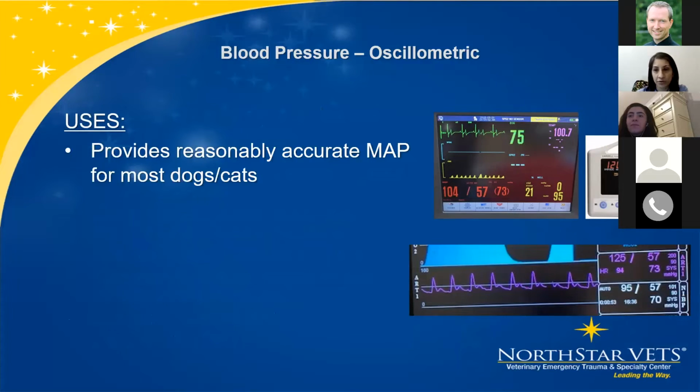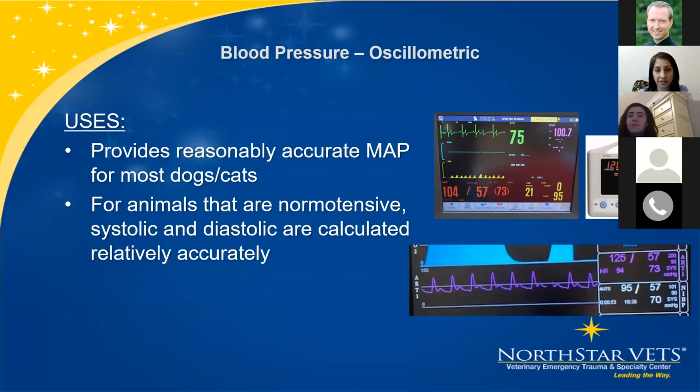Most of these veterinary designed monitors do provide a reasonably accurate mean arterial pressure for most dogs and cats. If your animals are normotensive, usually the systolic and diastolic are calculated relatively accurately. In the example in the lower right corner, where you see the purple waveform, where there's an arterial line side by side with a non-invasive unit, you can see that the numbers are actually matching pretty well.